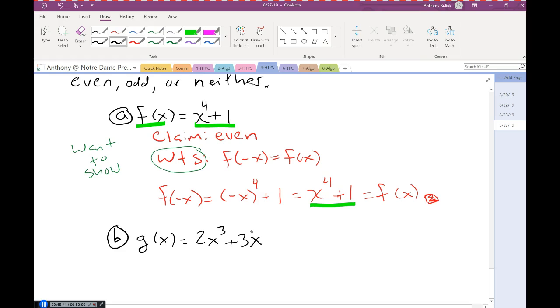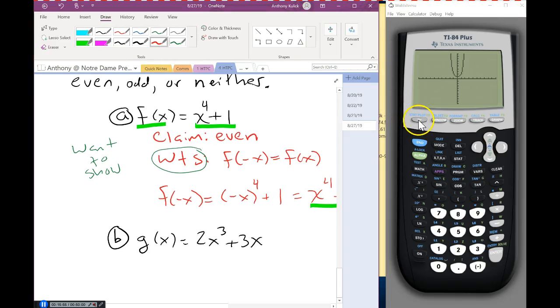Yes, Maya? Of course. Check to see if g of x equals 2x to the third plus 3x is odd, even, or neither. So, just like we did for the first one, first thing I'm going to do is look at the graph of this to get a feel for which of these three options I should be shooting for.